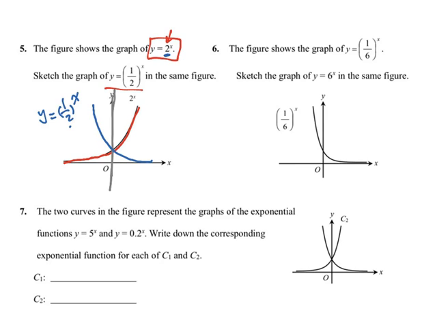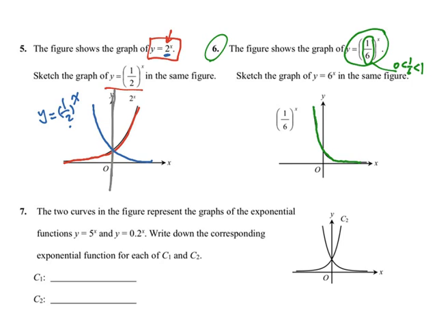And for example, look at question 6. For question 6, this time the function is 1 over 6 to the power x. So this number is between 0 and 1. So that means it's decreasing. You can see it's decreasing. Then we'll look at the opposite graph.